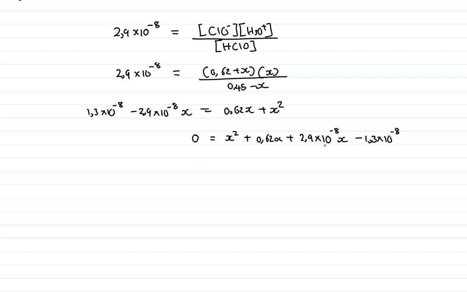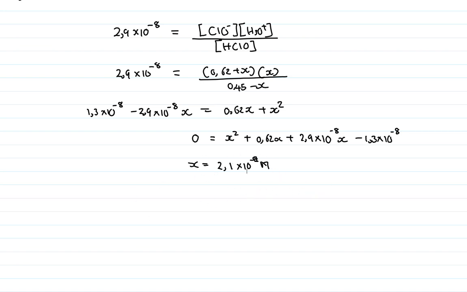Now from there I can just add those two together and put all of that into my calculator and solve for x, and I get x is equal to 2.1 multiplied by 10 to the power of negative 8 molar. So our answer is in molar.